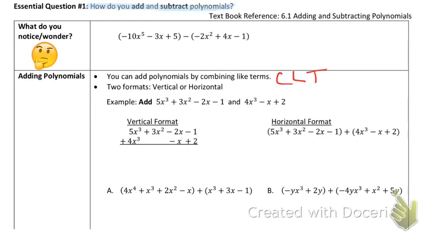And that step that I'm referring to is getting rid of parentheses. We do not like parentheses. So our goal before we can do CLT is get rid of these parentheses. Anytime you see a parentheses, we want them to go away. If you do not have parentheses, then you don't have to worry about this first step.